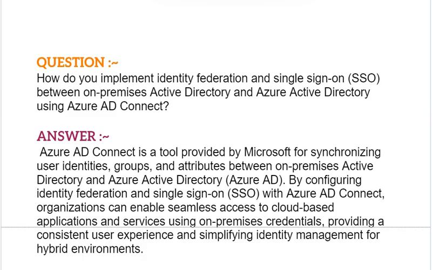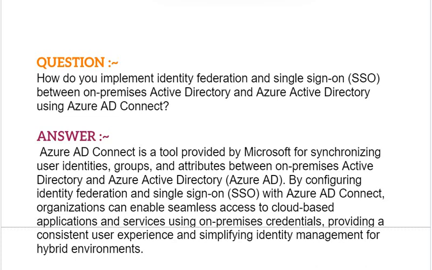Our next interview question is: how do you implement identity federation and single sign-on SSO between on-premises Active Directory and Azure Active Directory using Azure AD Connect? Your answer should be: Azure AD Connect is a tool provided by Microsoft for synchronizing user identities, groups, and attributes between on-premises Active Directory and Azure Active Directory, Azure AD.